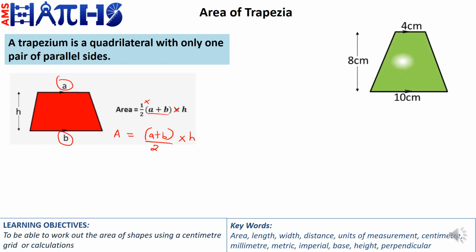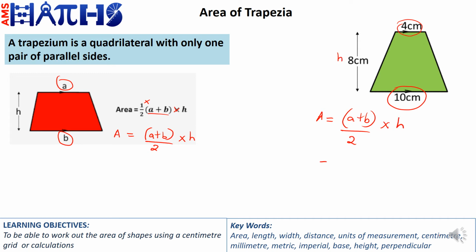Here's a trapezium for an example, and we're going to calculate its area. So we need our formula. Area is equal to the sum of the parallel sides A and B, divided by 2, then multiplied by the height.